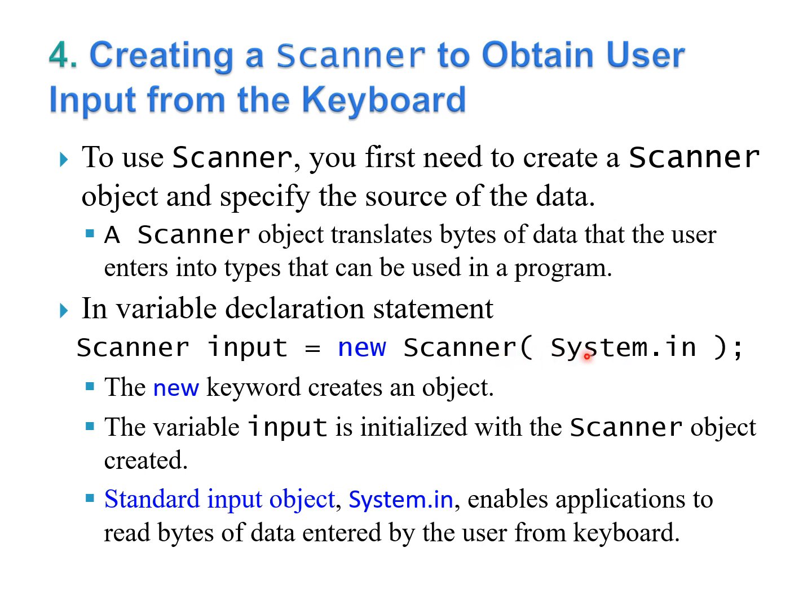This Scanner object is associated with the standard input object, which is specified by System.in. The standard input object enables applications to read bytes of data entered by the user from the keyboard.